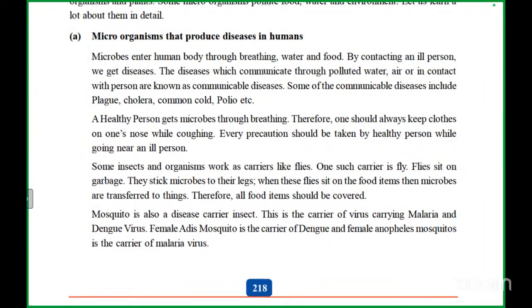I had dengue once, around 4 or 5 years back. I think I was bitten by a female Aedes mosquito. Then one or two days later, my mother also got it.